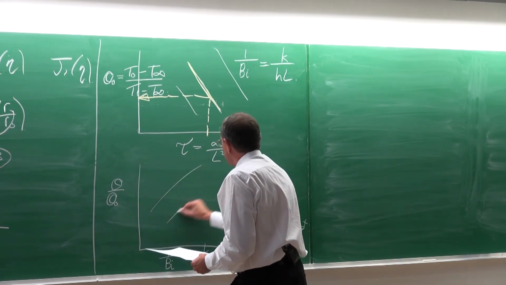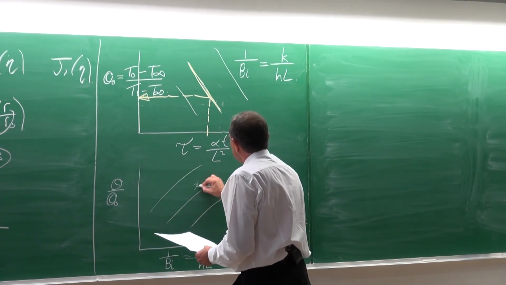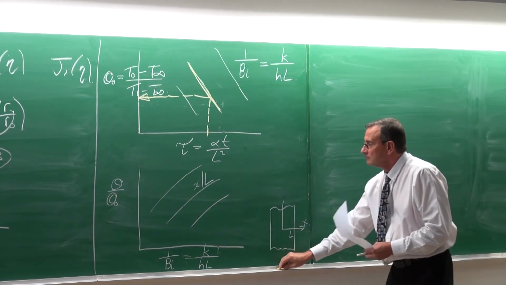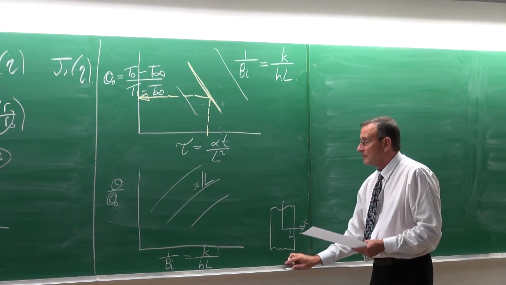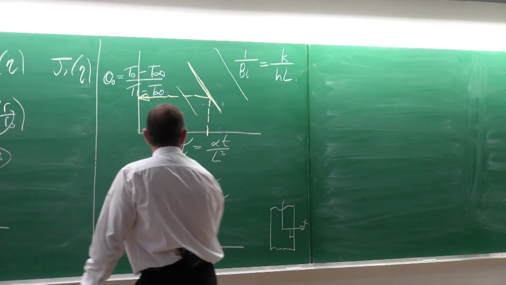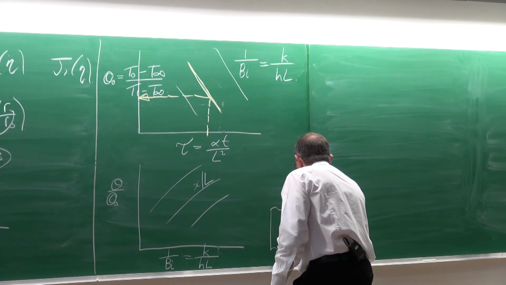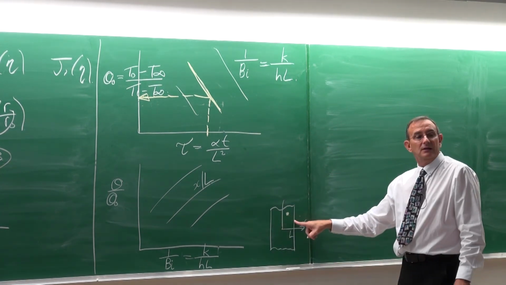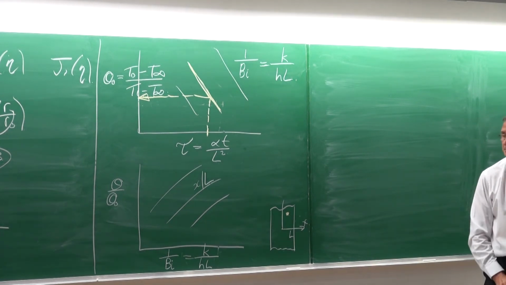And here we've got the solution of x divided by L. So theta would now be maybe the temperature at that point there. We want the temperature halfway between the center and the outside surface.